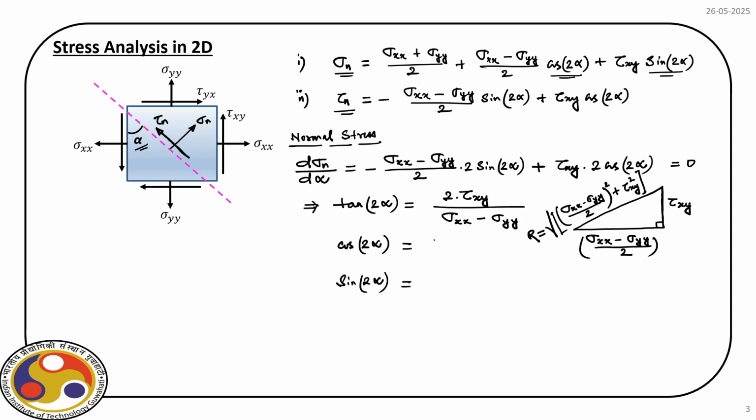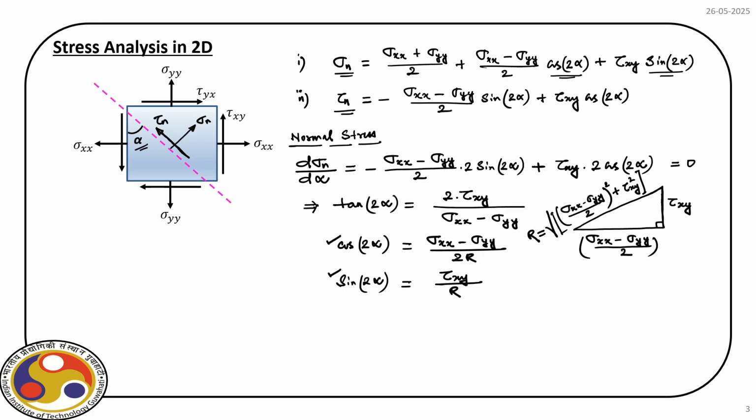So, we get (sigma xx minus sigma yy) divided by twice r. Similarly, sine of 2 alpha will be tau xy divided by r. So, what we can do is put the expression of cosine of 2 alpha and sine of 2 alpha back in equation 1.